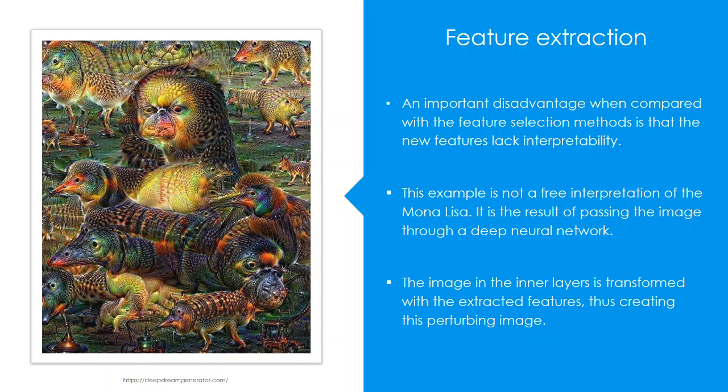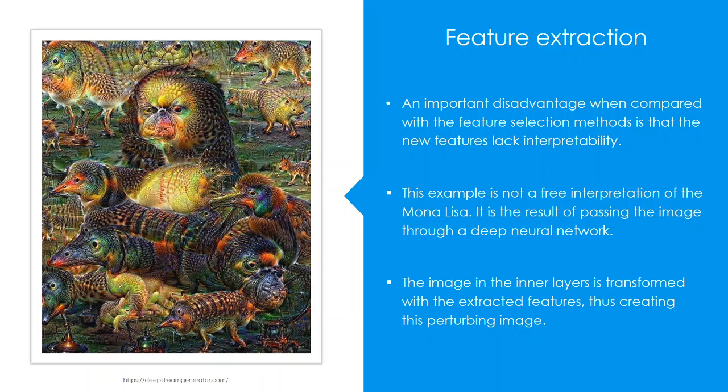For example, this image you are seeing here, which is a bit strange, is the result of passing the Mona Lisa painting through a deep neural network. And the thing you are seeing there is just the result of the hidden neurons, which are, by the way, the extracted features that the deep neural network uses to perform the classification.